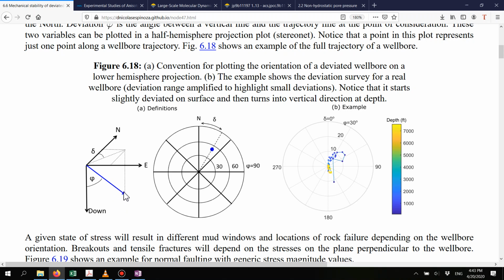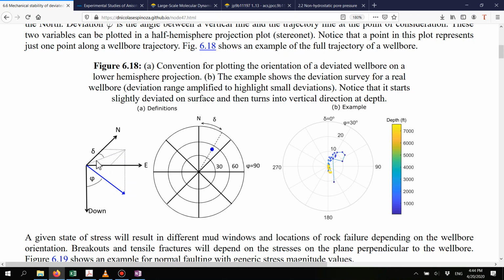So you can see that this blue line is going to represent the wellbore at a particular depth. This is going to be its orientation. It's going down, and in order to get from point A here to point B over there, we have to go north and east, and that's how we get to this point. And also, of course, we need to go down.